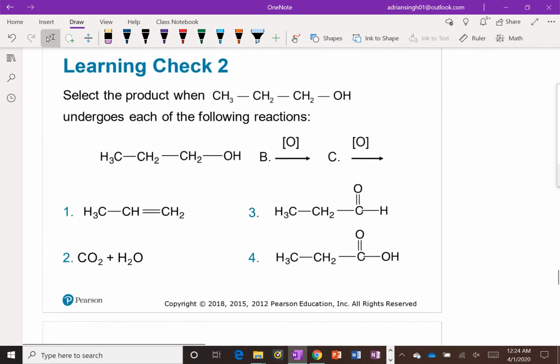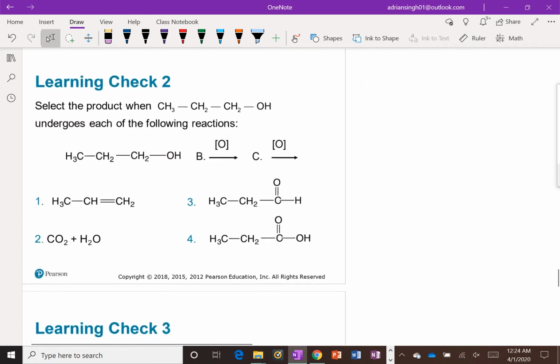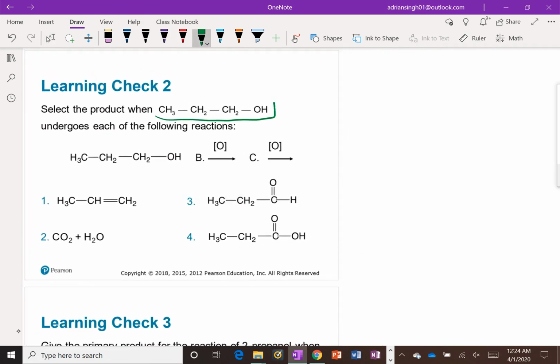All right, so it says select the product when this thing undergoes the following reactions, right? So first of all, we're going to oxidize it initially. So again, this is an alcohol. The OH is attached to this carbon, and this carbon is itself directly attached to one of the carbons, so that makes it a primary alcohol.